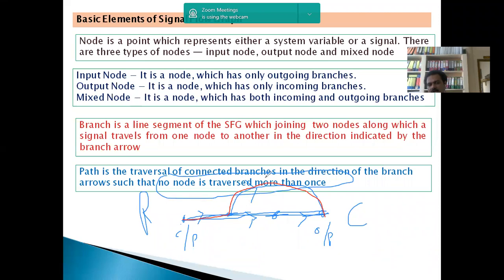So this is called the second path. This is also called a path. No node is traversed more than once. Here only one node is traversed, one time. For example, if one more branch is there, something like this.